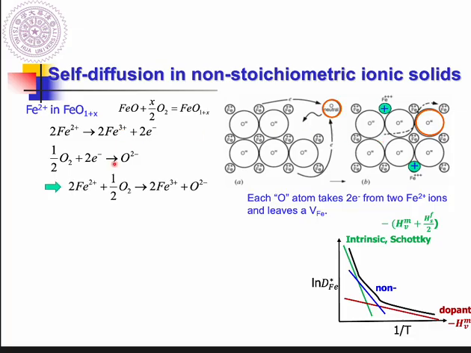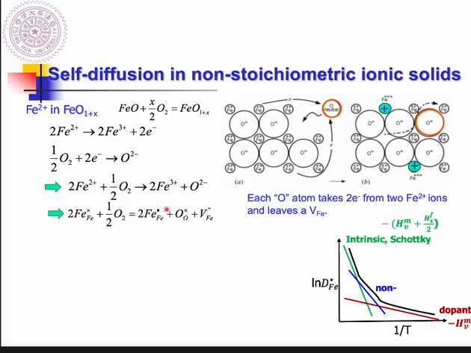So you sum this together, and you can write this and this to this, and delete the two electrons part, and it can be further rewritten as iron at iron site, oxygen doesn't matter, but iron at iron site is now converted to three positive charge, but actually it was two, right?